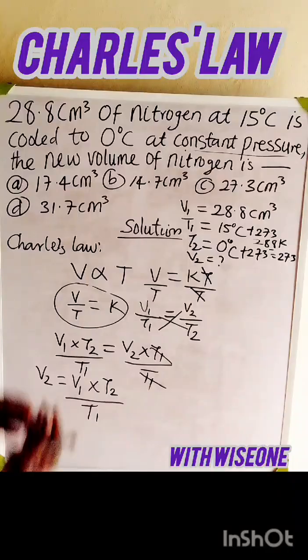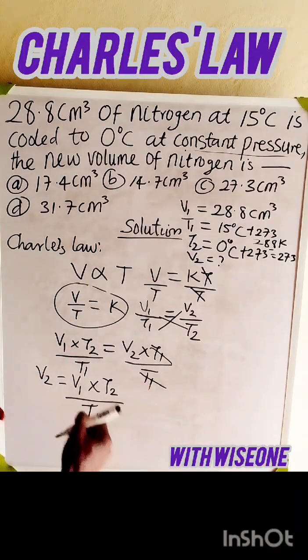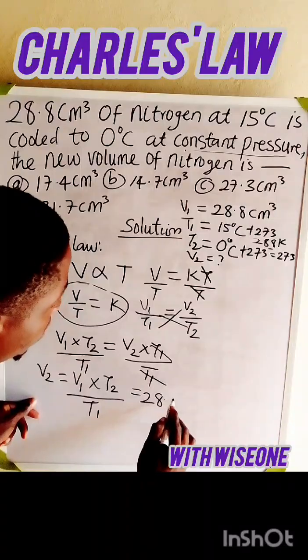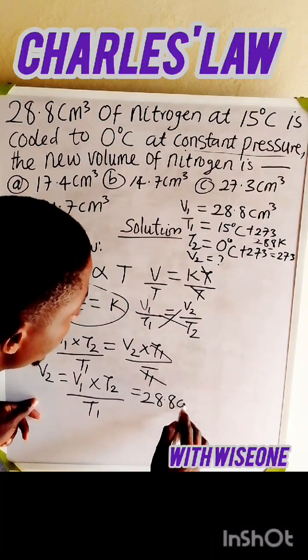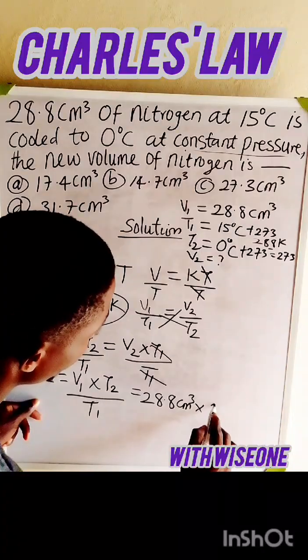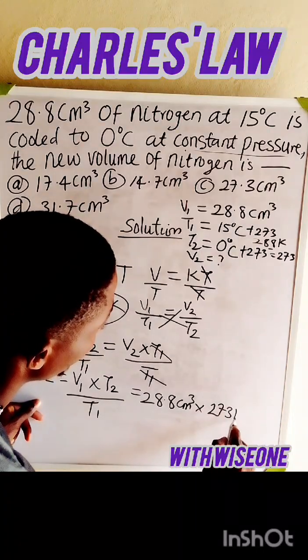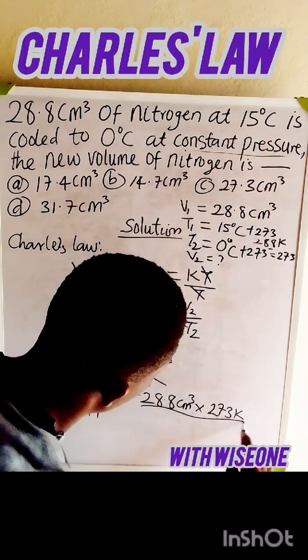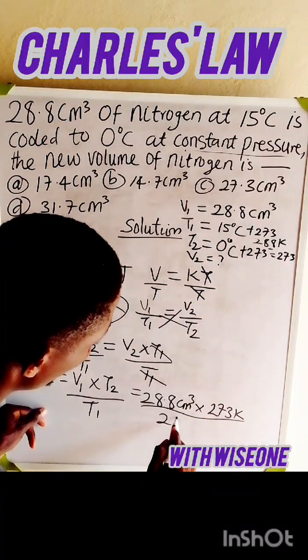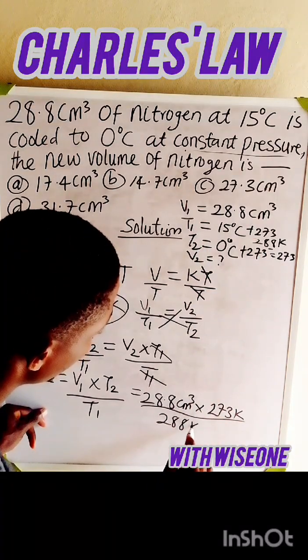Now we are going to substitute our parameters here. So our V1 here was 28.8 cm³ times our T2 here was given to be 273 Kelvin. Let's divide it by T1. T1 was 288 Kelvin.